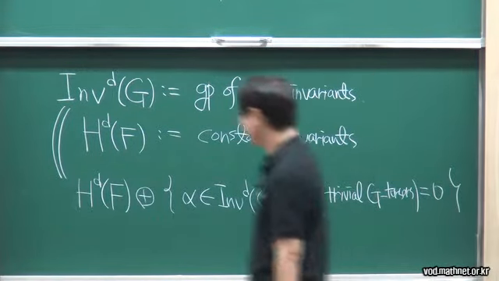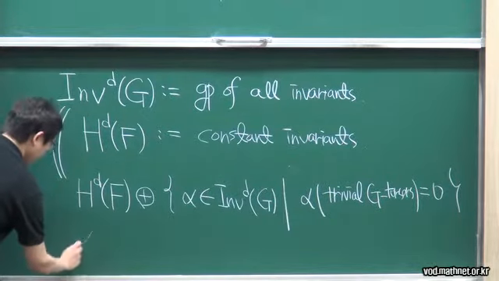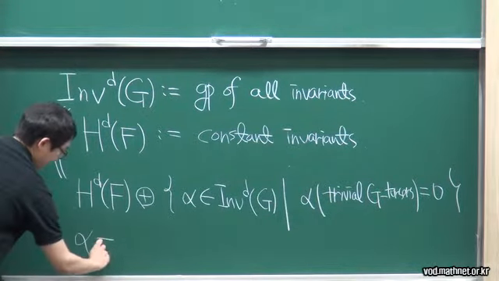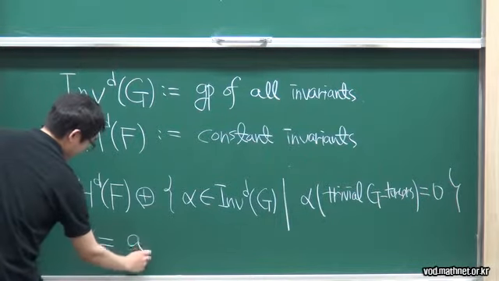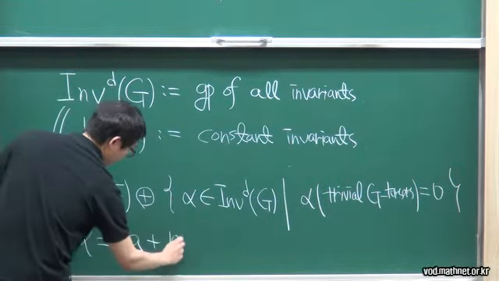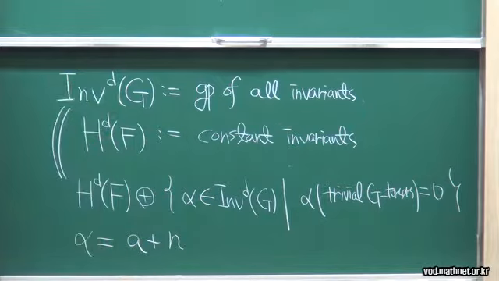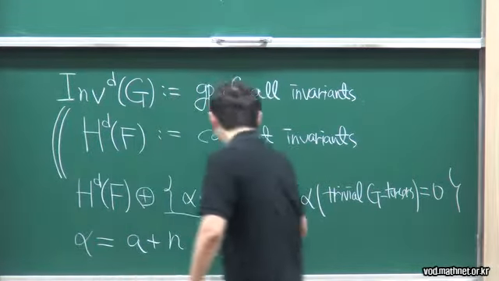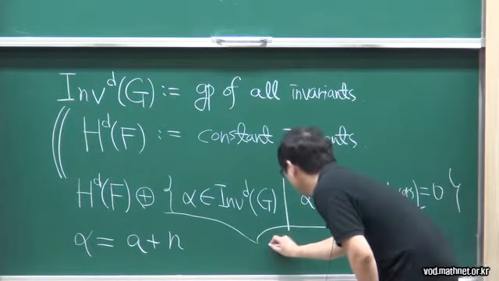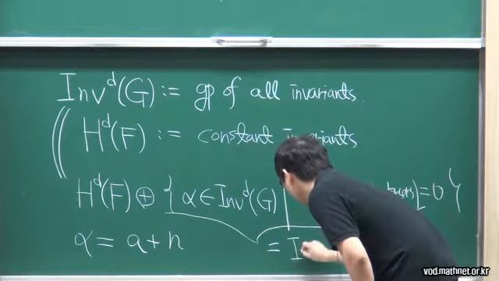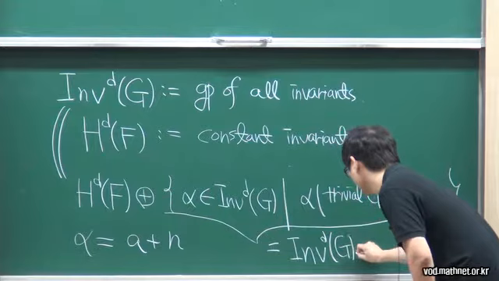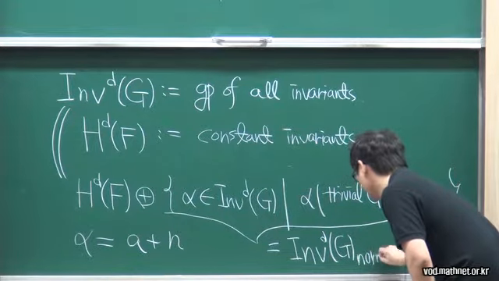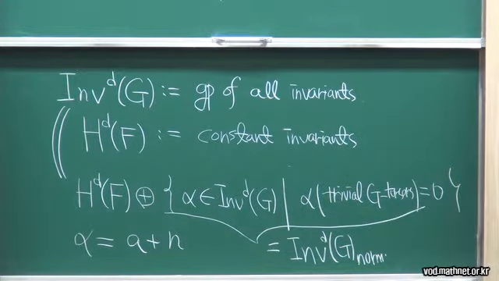So, in other words, any cohomological invariant of degree d can be written as some constant invariant plus some normalized invariant. And we will write this subgroup as the normalized invariants of degree d.